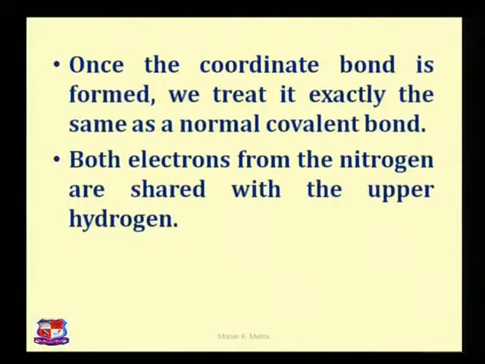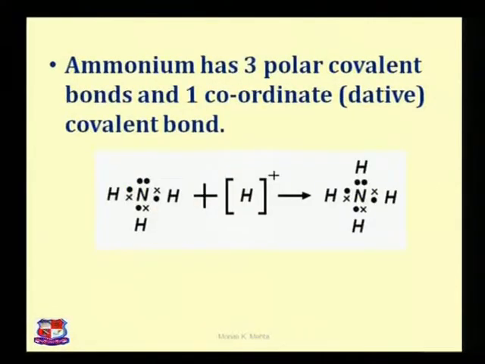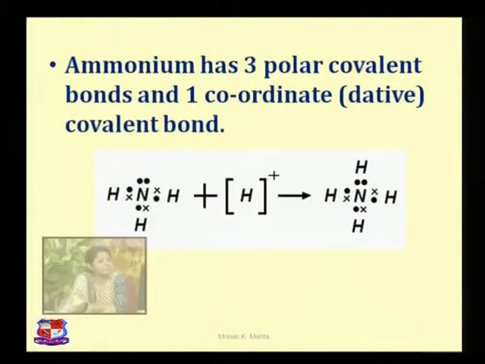Once the coordinate bond is formed, we treat it exactly the same as a normal covalent bond. Both electrons from the nitrogen are shared with the upper hydrogen. We can see the example.